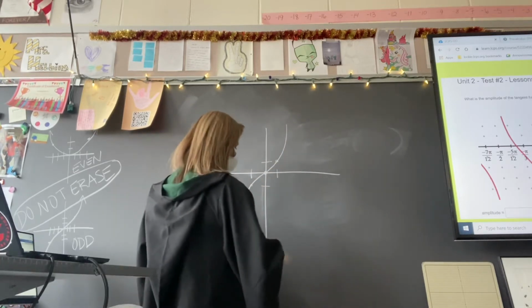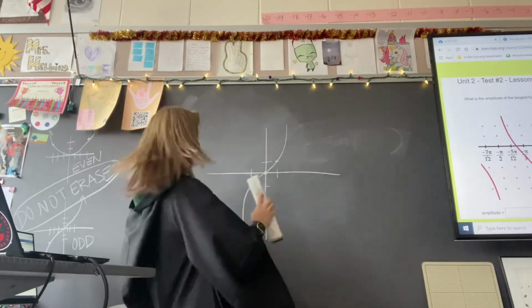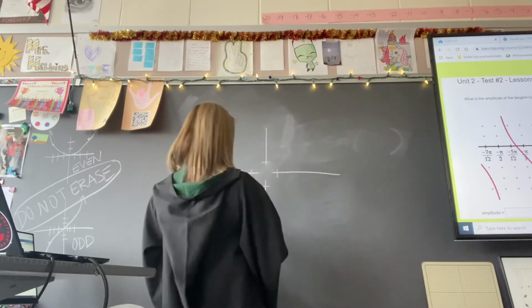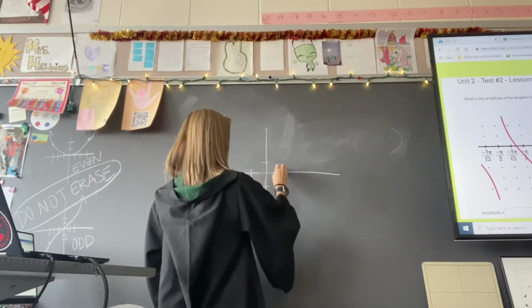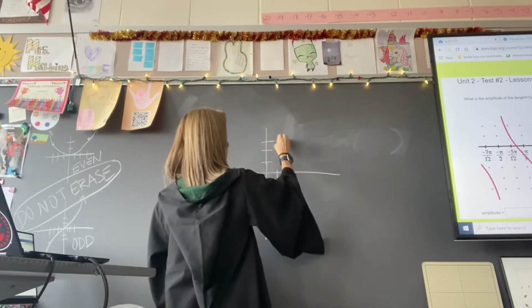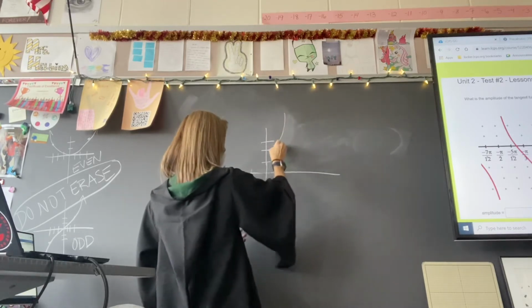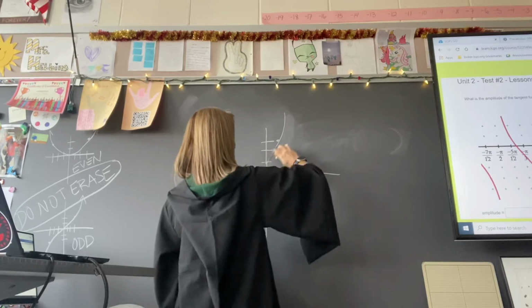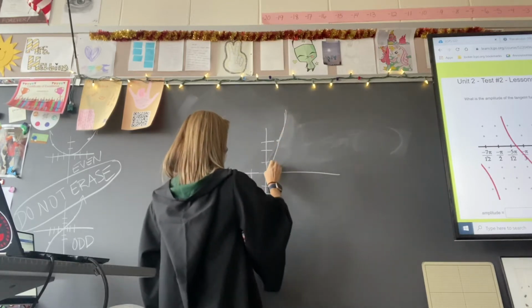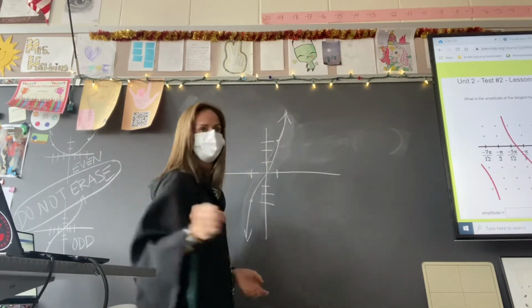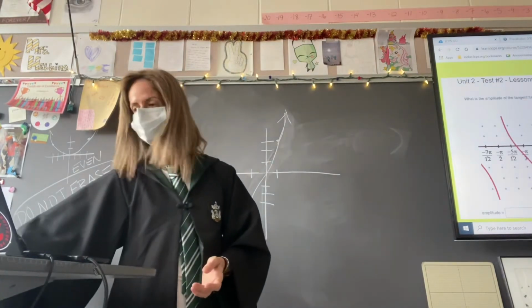If I wanted to draw a tangent function with an amplitude of 3, it would look like this. Over 1, up 1, 2, 3. Good?